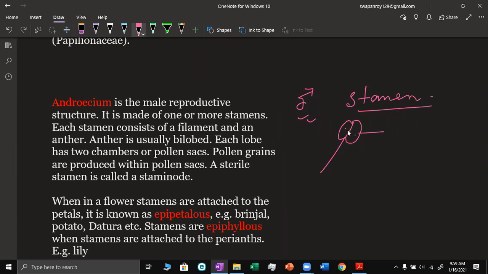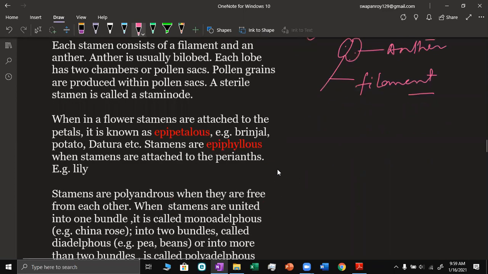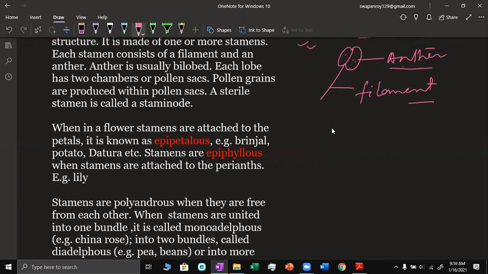The anther, in most cases, is bilobed. Within the anther, pollen grains or microspores are produced.